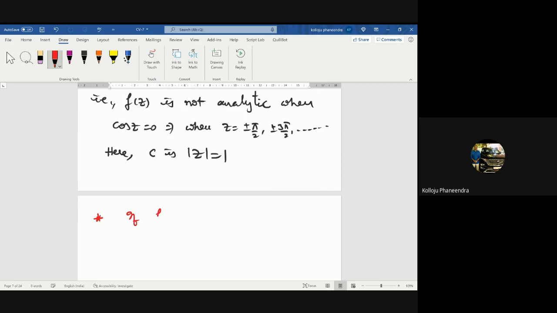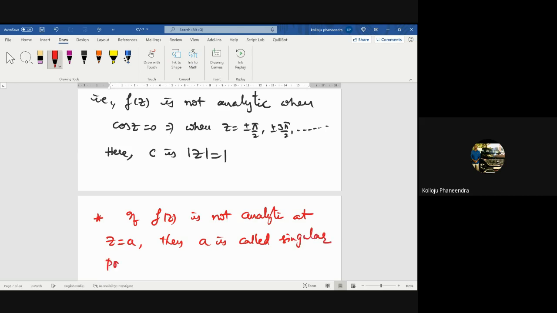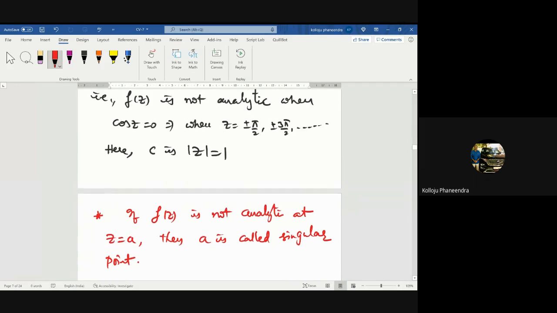If f of z is not analytic at z equal to a, then a is called singular point. This is one important thing. So all these points are called what? Singular points. All these are called singular points.